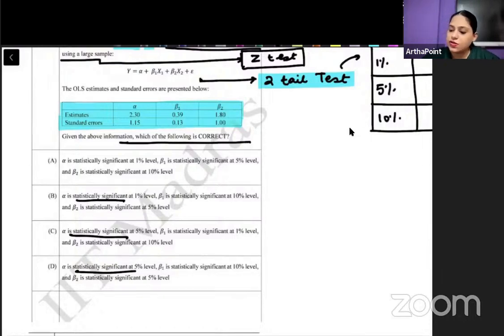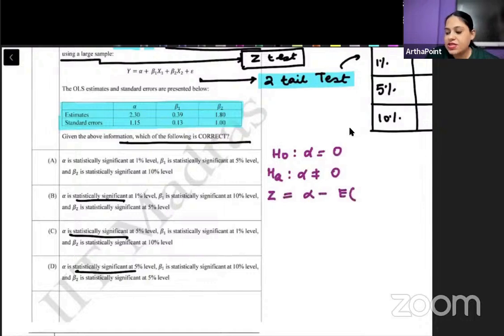Okay, try with me the first one. For the first, your null is alpha is 0. Your alternative is alpha not equal to 0. And how do you create the Z statistic? Alpha minus expected value of alpha upon standard error of alpha.